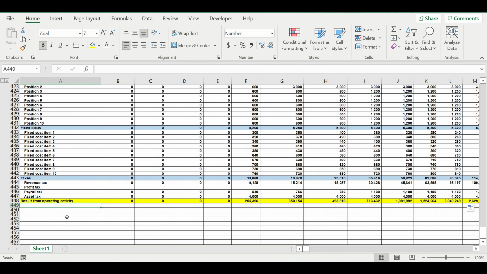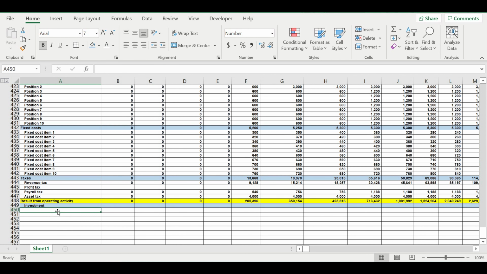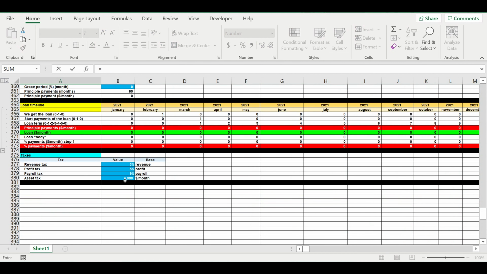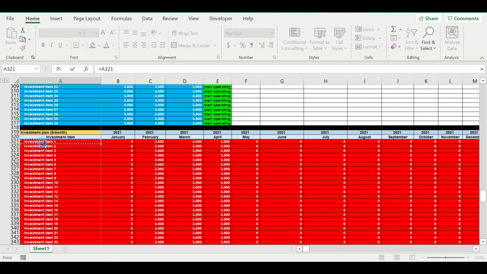Then, for example, we have investment. We take investment from here, from the investment plan.